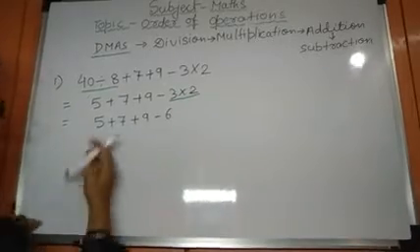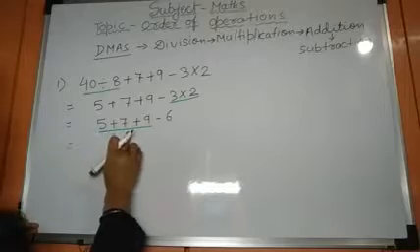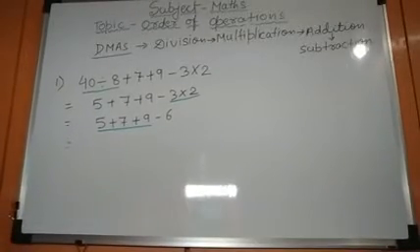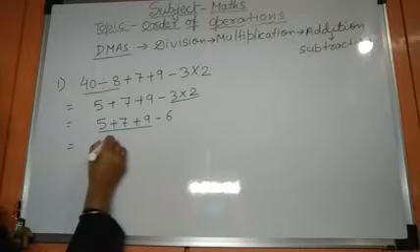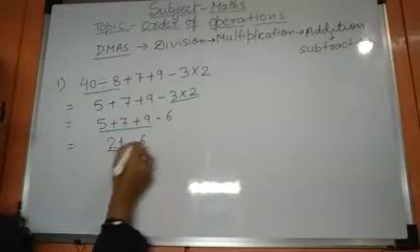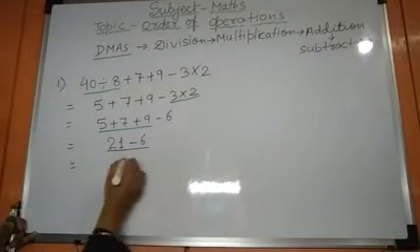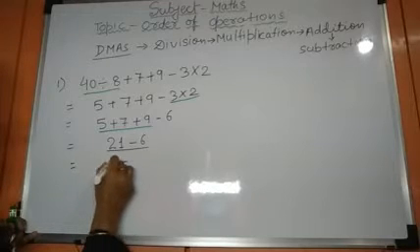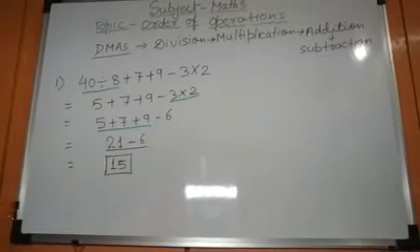So addition of these three numbers, we will get 5 plus 7, 12, 12 plus 9, that is 21. So we will write here 21 minus 6. Now the last work, 21 minus 6, that is 15. So the answer is 15. Fine.